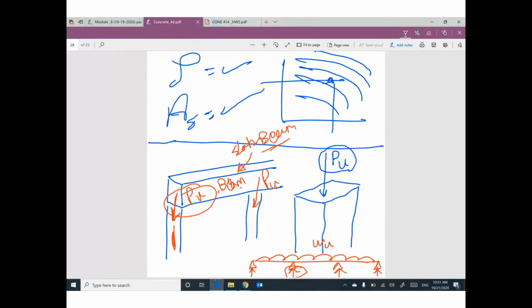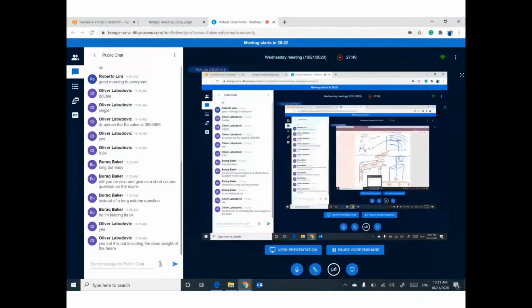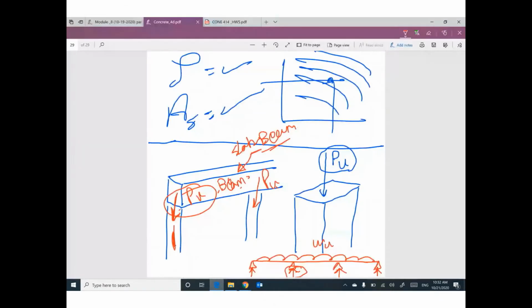So this reaction will include everything for this beam.